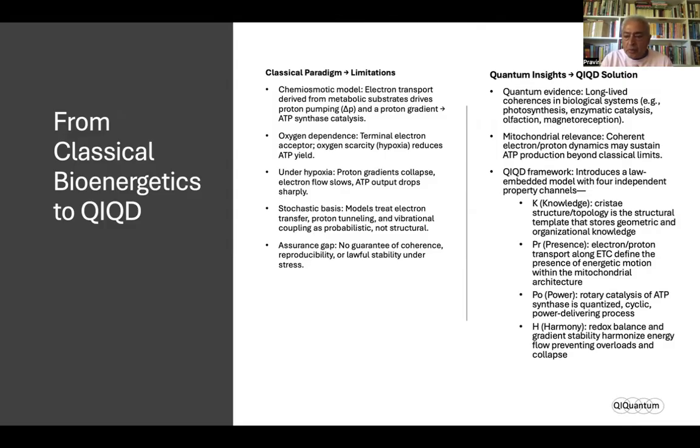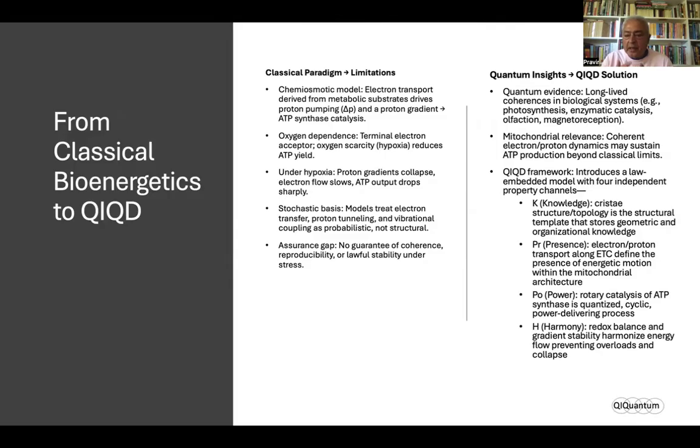When we think about the electron-proton transport along the electron transport chain, that defines the presence of energetic motion within the mitochondrial architecture. This defines a property, a fractal property that we can refer to as PR or presence.